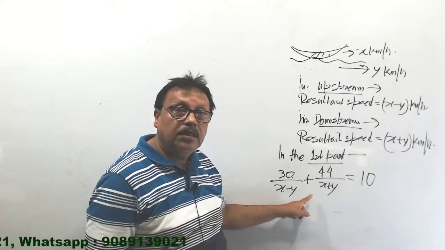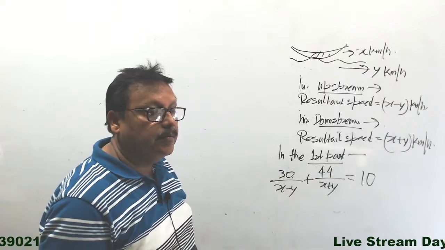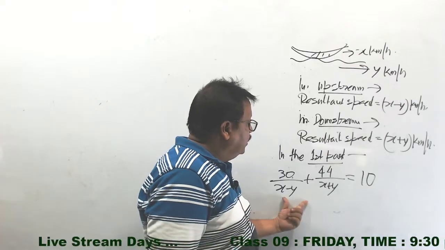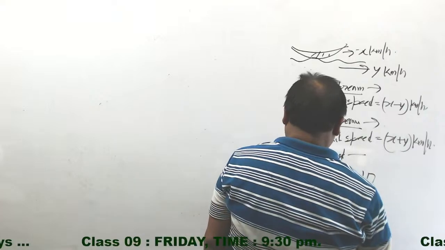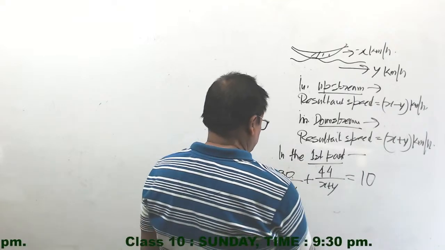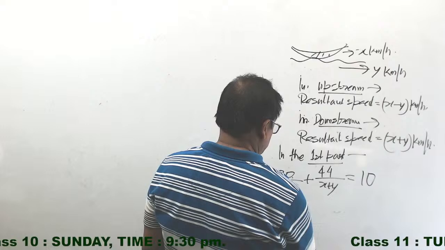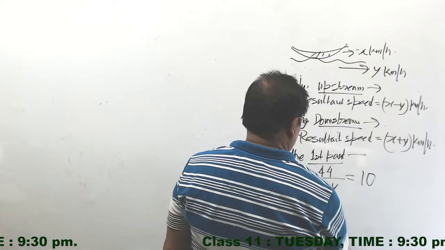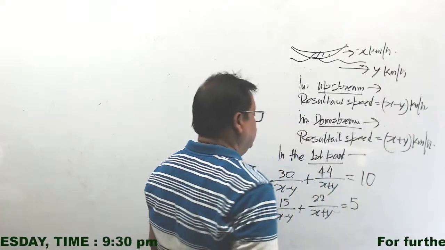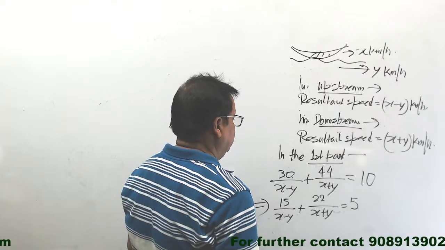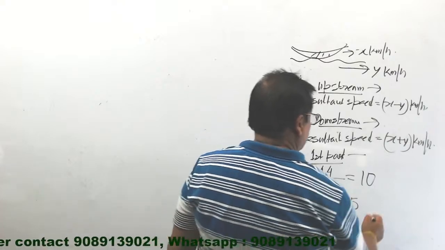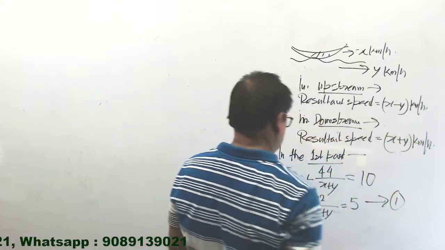Dividing by 2 on both sides, we get 15 by x minus y plus 22 by x plus y is equal to 5. So it is number 1.